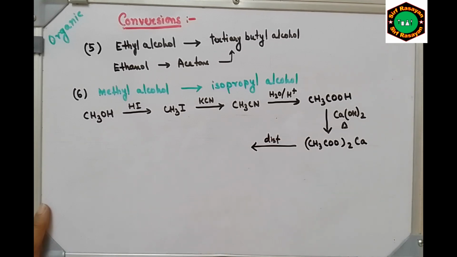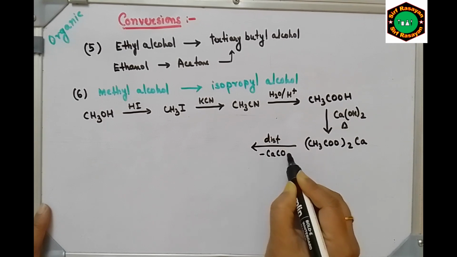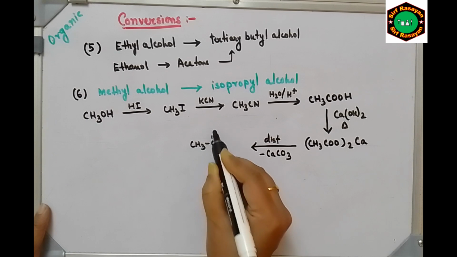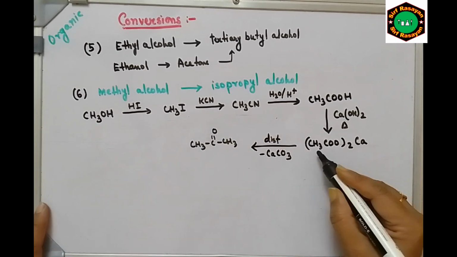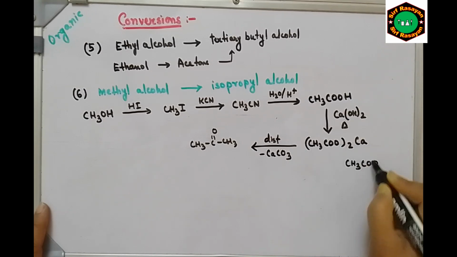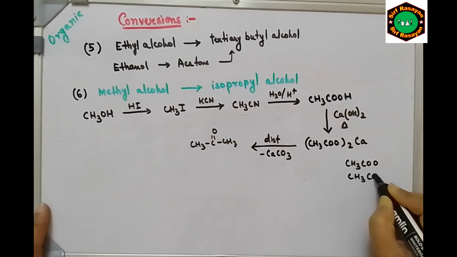Now if you distill this, by removal of calcium carbonate, you will get CH3COCH3. Because here, see, two CH3COO units are there, CH3COO and another CH3COO unit.